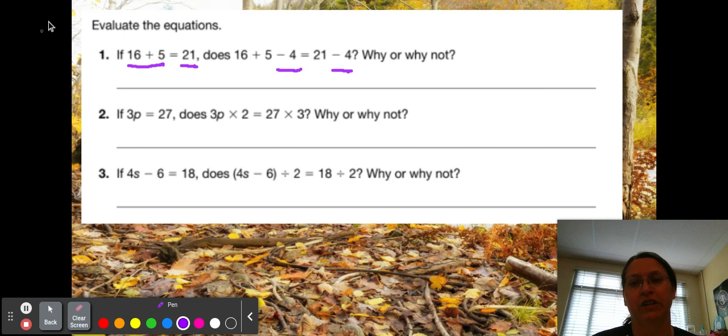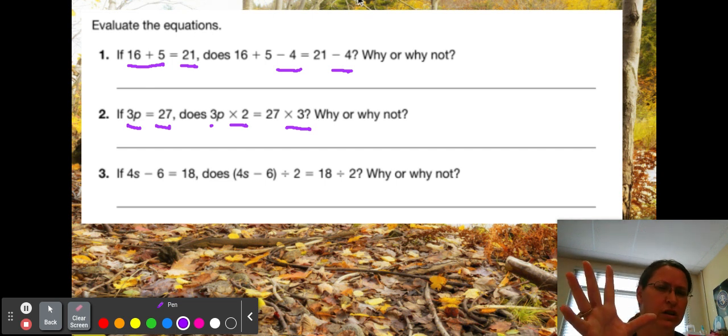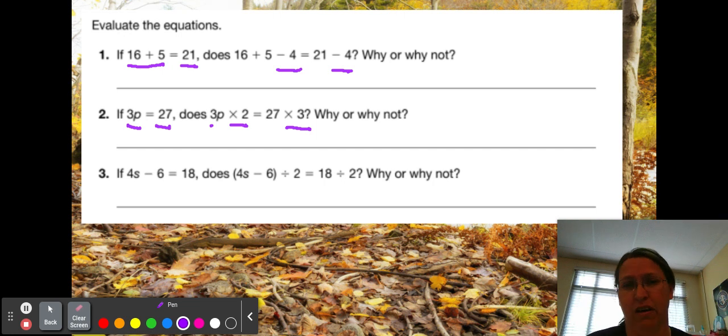So let's look at number 2. If I have 3p equals 27, well, if I take 3p times 2, does it equal 27 times 3? Times 2, times 3. Are those equal? No, they are not.